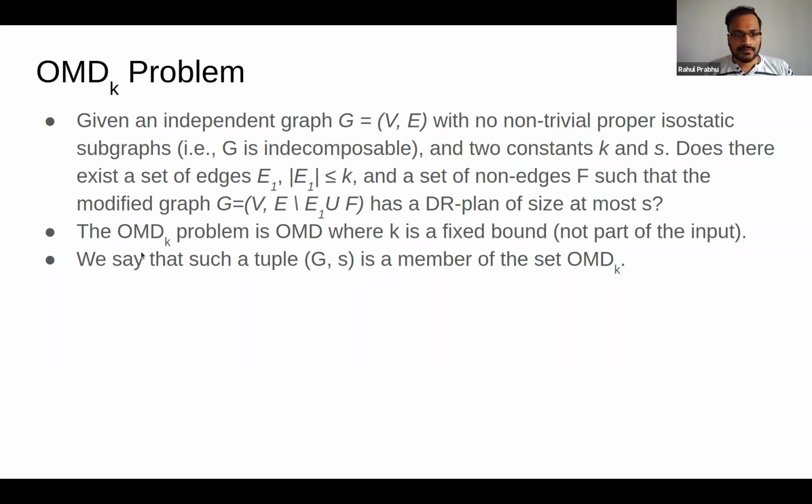Notice that in the OMDK problem, K is a fixed bound. It's not part of the input. It's part of the problem itself. And if we can find such a tuple G, comma S, then we call it a member of the set OMDK.